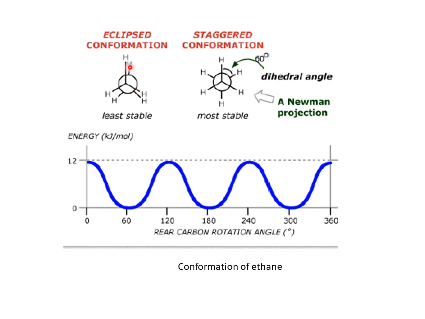If you rotate the back carbon atom 60 degrees in the clockwise direction while keeping the front carbon atom in the same position, we get this isomer. We rotate the back carbon atom 60 degrees, so this hydrogen comes here.